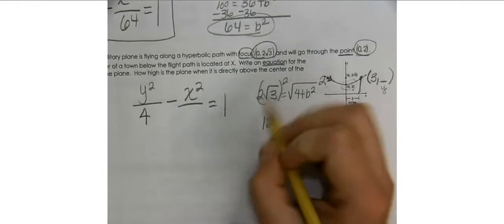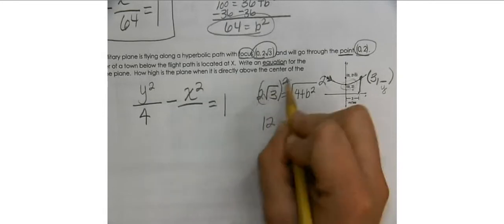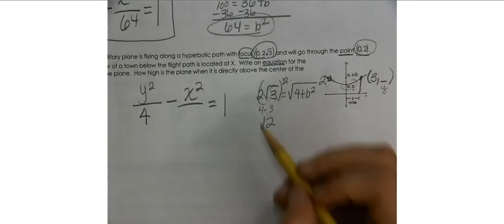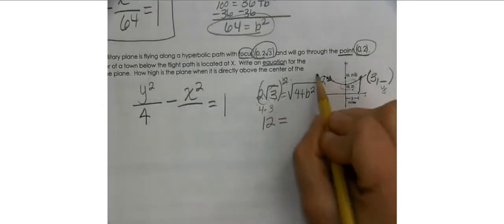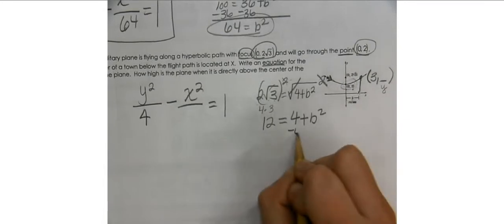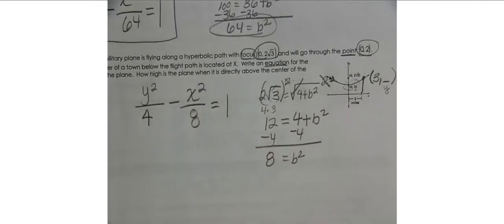Squaring eliminates the square root, and we're left with 4 plus b squared. I'm going to subtract 4 on both sides, and we end up with 8 equals b squared. So 8 is going to go below x squared.